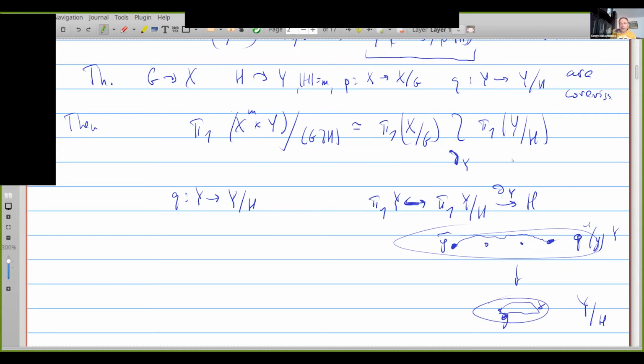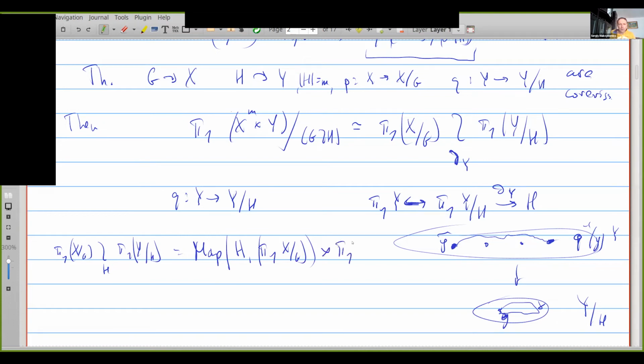And now, using this homomorphism, I can define this wreath product in the following way. Namely, pi1 of X/G wreath pi1 of Y/H is defined as the set of maps from the group H to the group pi1 of X/G. Both of them are groups, but I consider them just as maps, so they are not necessarily homomorphisms.